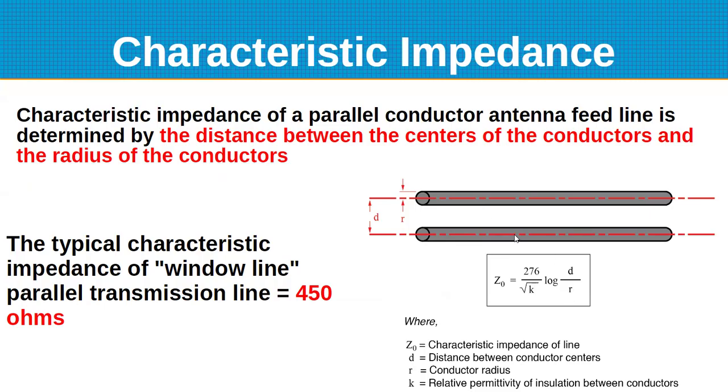If I increase the radius or diameter, the impedance is going to decrease. So that's how they're able to manufacture it for a specific impedance. A typical one called window line, and I have a picture of it coming up, is 450 ohms. It's about an inch separation.